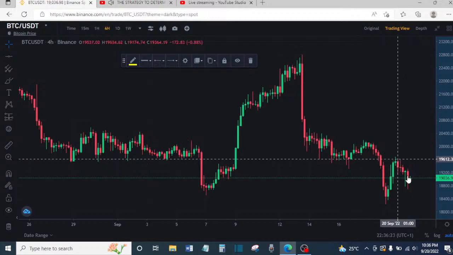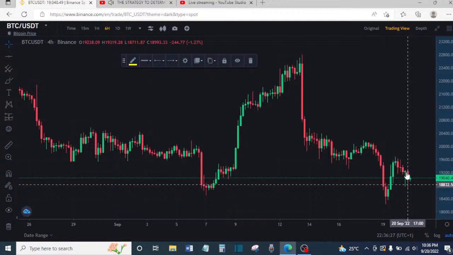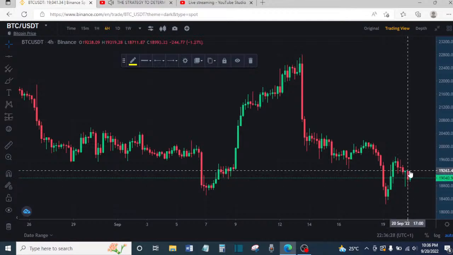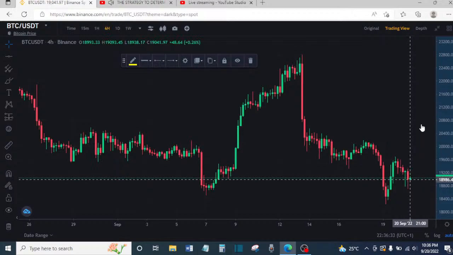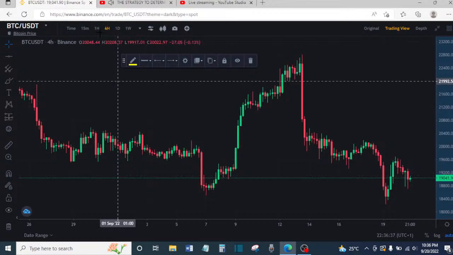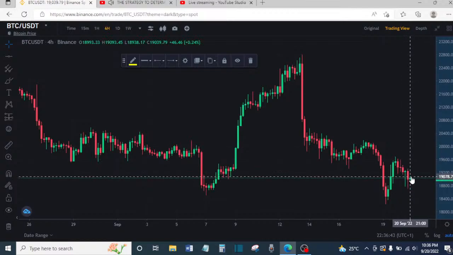Now I was saying that if we have some pin bars there, then look for halfway into the pin bar, then there's possibility of price going up. Actually on the daily time frame, I told you, you saw it was a pin bar. So we are looking for the halfway into the pin bar, which fell towards this area where we are priced now.